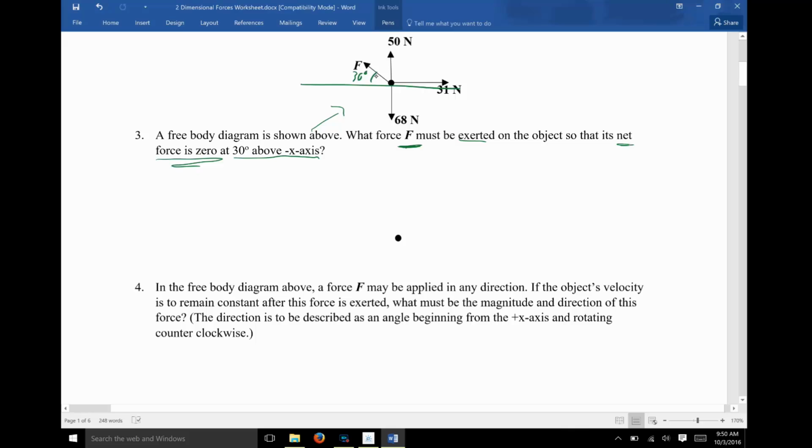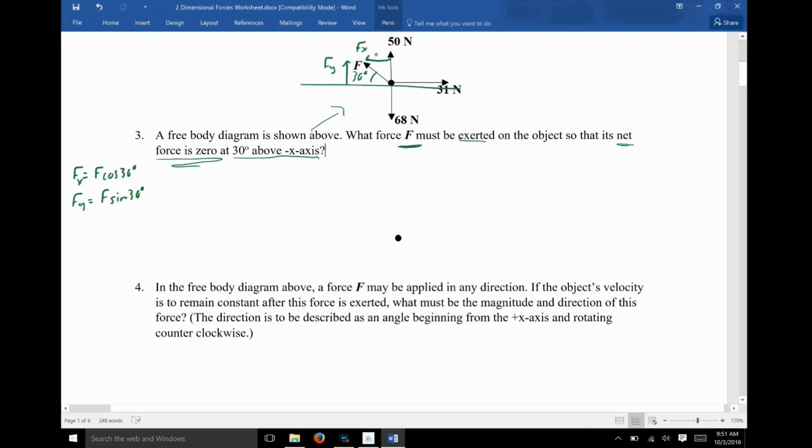Okay, so now we know that F can be broken up into two components, and let's find that first. Let's find the components of F. F sub x is equal to F cosine of 30 degrees, and F sub y is equal to F sine of 30. Remember that F sub y is in this direction, and F sub x is in this direction.